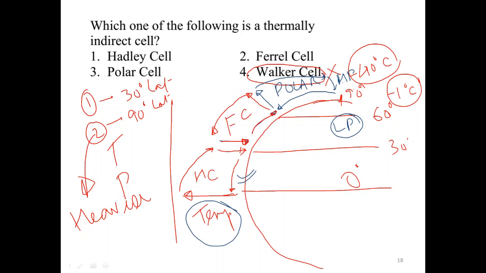We saw here that the generation of the Ferrel cell has the main factors as the air masses, heavier air masses and the pressure gradient. Therefore, the Ferrel cell is an indirect thermal cell, or a thermally indirect cell.